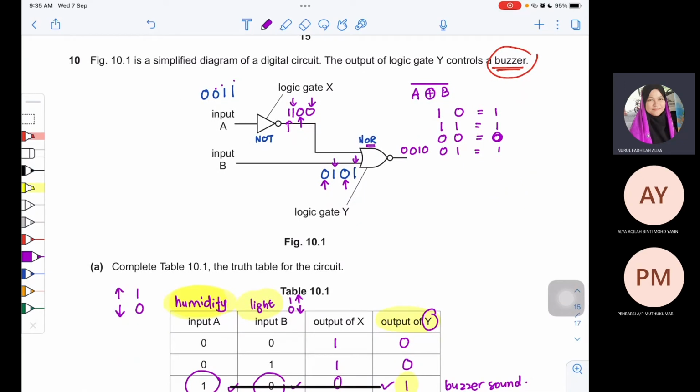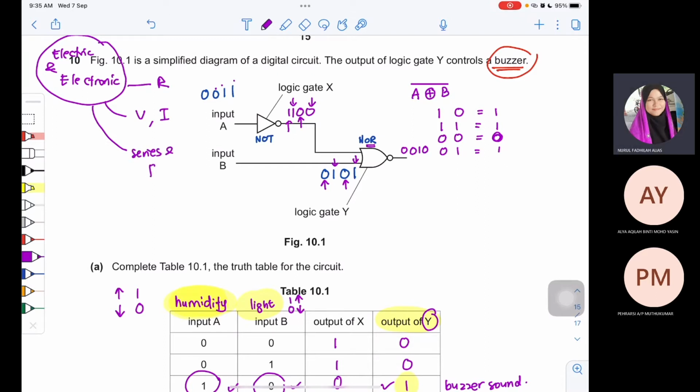Okay, this is topik dalam electronic. Okay, kita ada topik chapter 4 electric and electronic. So in this topic, okay, you kena tahu macam-macam lah. Okay, kita tahu tentang, so this is such a very big topic. Dalam tu kita tahu tentang voltage, current, and then you need to know about resistance, and then series and parallel circuit.